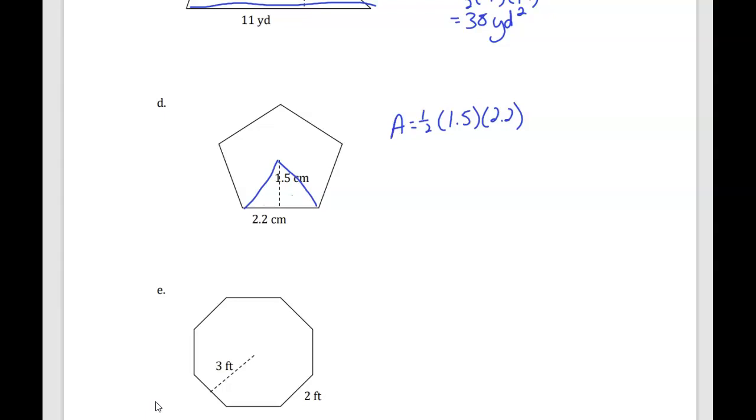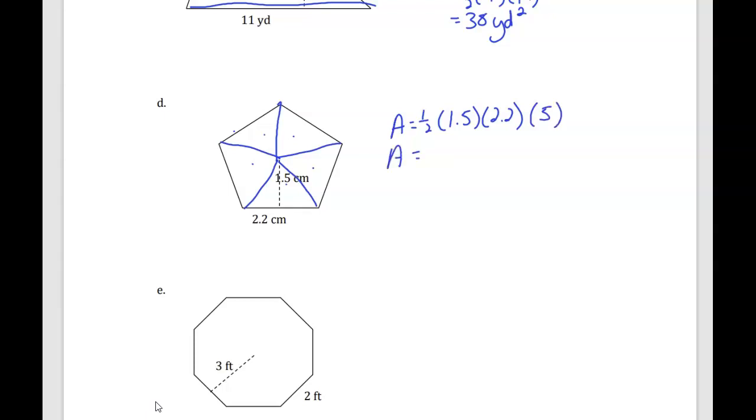Well, I need the area of the whole thing, and so what I need to do is find out how many triangles would be made. I've got 1, 2, 3, 4, 5, which is the number of sides I would have. So I'd multiply that by 5.